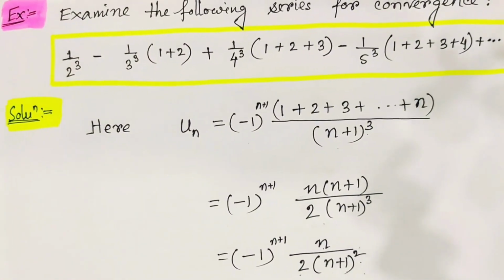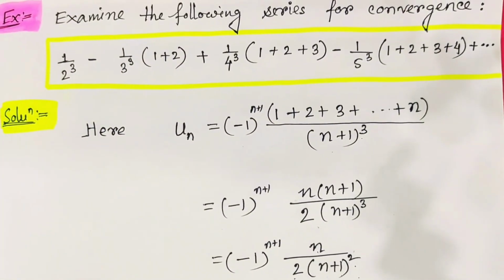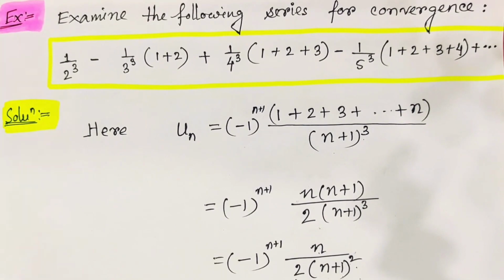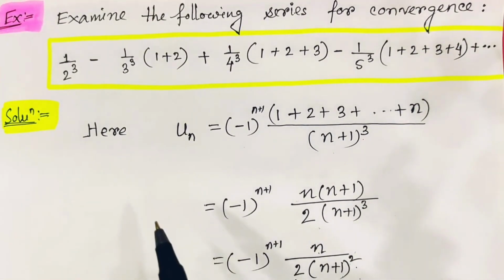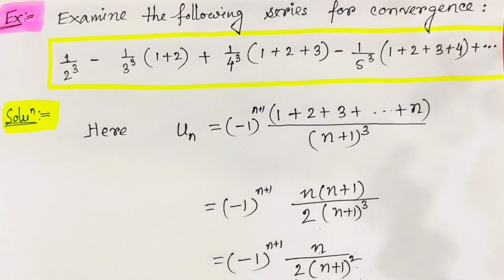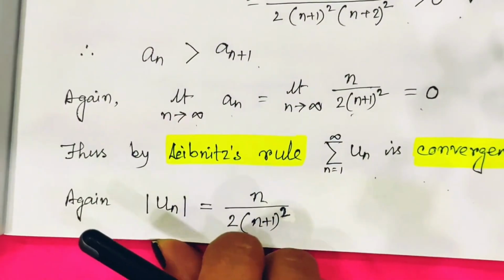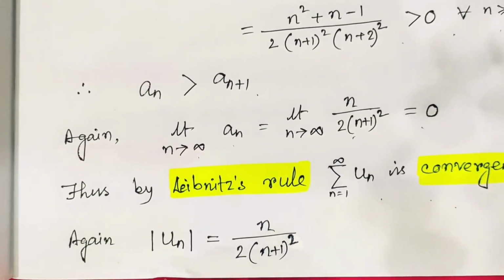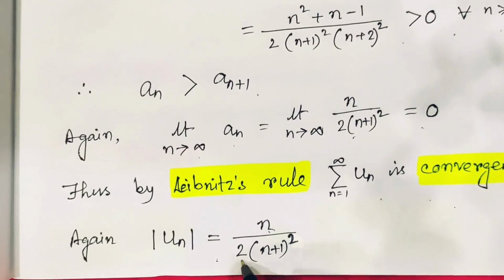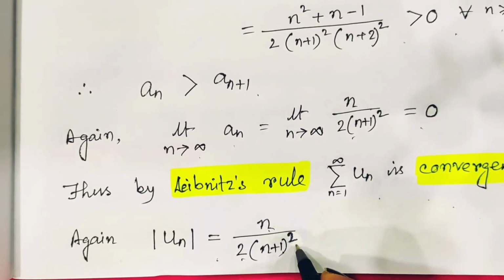Now we should verify the absolute convergence of this series. When we consider absolute convergence, we have to take the mod of u_n. So when we take the mod of u_n, we find u_n is equal to n divided by 2 into n plus 1 whole square.